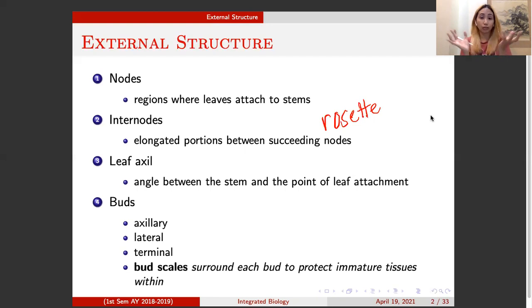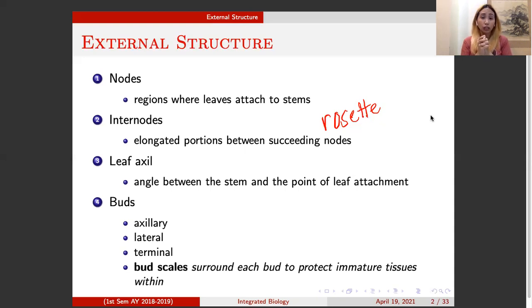The best examples of this would be cabbage, or iceberg lettuce, or cauliflower, broccoli. These are rosette types of plants. Unlike other plants, their internodes are very, very short, and this is the reason why they form this rose-like feature. That's why they're called rosette, or flower-like morphology.